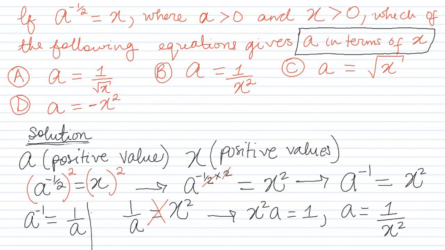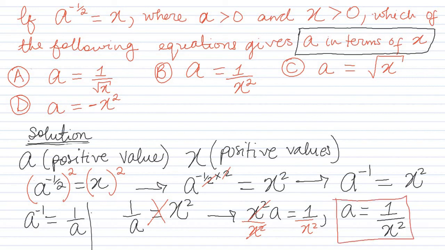Basically we divided by x squared on both sides, cancelled this out, and you have a equals 1 over x squared.